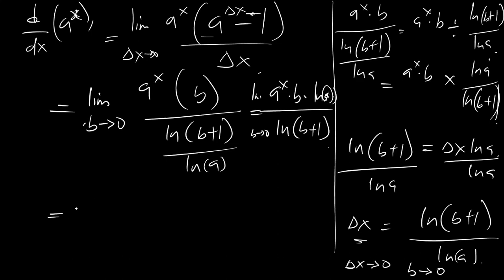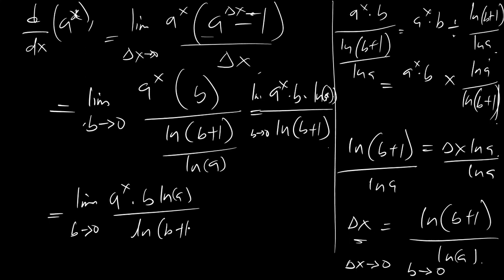So that means the limit when b tends to 0 of a raised to power x times b ln a divided by ln b plus 1. Now multiplying both sides by 1 all over b, this b will cancel out this.